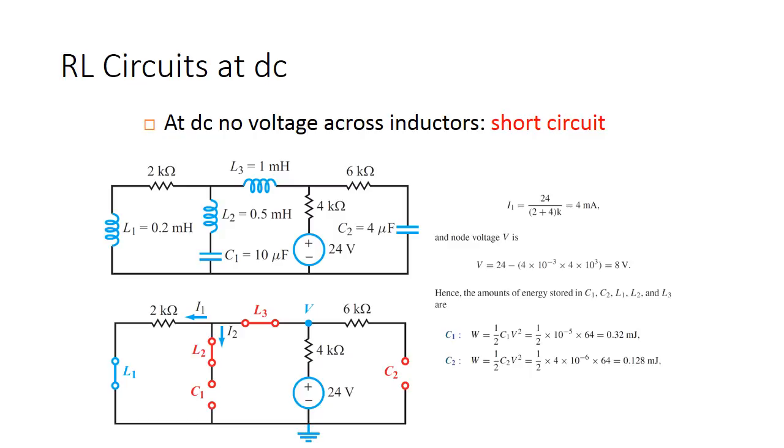And so we can also look at the amounts of energy stored in C1, C2, L1, L2, and L3 by doing the W equations, or the energy equations that were previously shown. So in capacitor 1, we're going to store 0.32 millijoules of energy, and in capacitor 2, we're going to store 0.128 millijoules of energy. And again, that's because at a long period of time, these capacitors are charged.